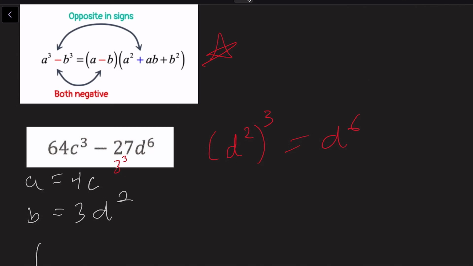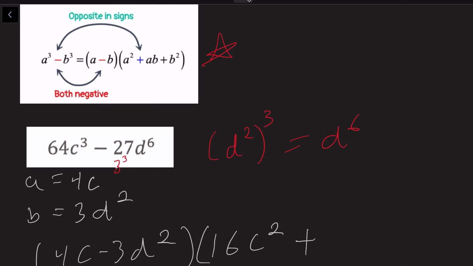A minus b, that means we're going to have 4c minus 3d squared multiplied by a squared, which is 4c squared. 4 squared is 16 and c squared, plus a times b. 4 times 3 is 12, c d squared, and our last value is b squared.